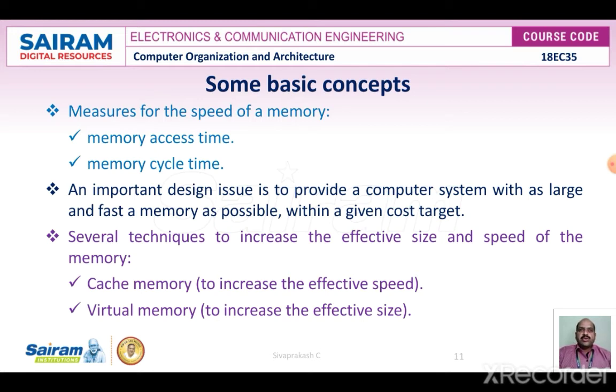One way to reduce the memory access time is to use a cache memory. This is a small, fast memory that is inserted between the large, slower main memory and the processor. It holds the currently active segments of the program and their data. We will see about cache memory and virtual memory in detail in the next classes.